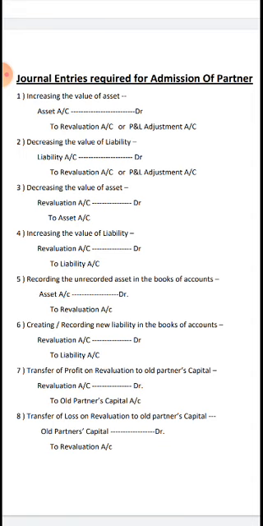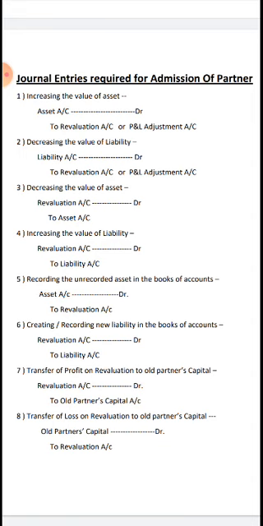As you know, capital has a credit balance, and due to profit, capital value will increase. So definitely here we have to give capital a credit balance. So the transfer of profit on revaluation gets a journal entry like revaluation account debit to old partners' capital account.